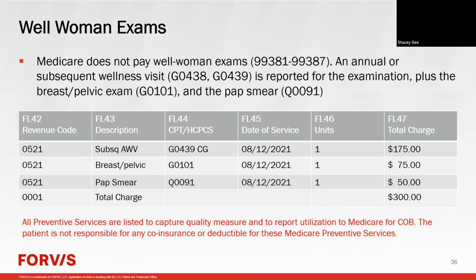If you do a breast or pelvic exam, you're going to report G0101. And if you do a pap smear, you're going to report Q0091.